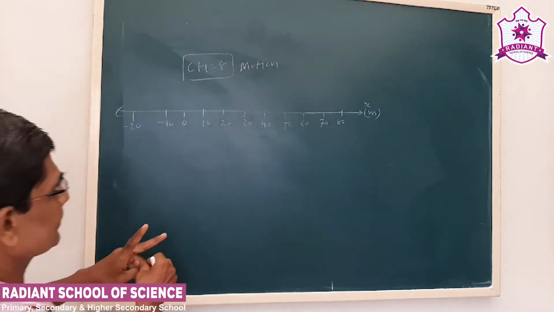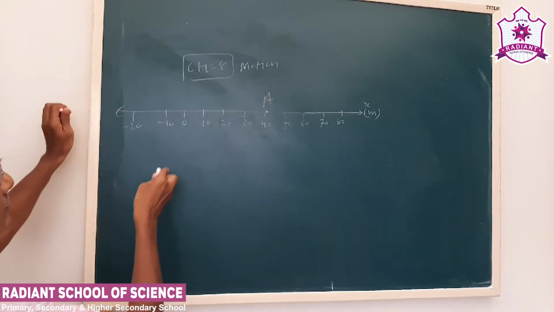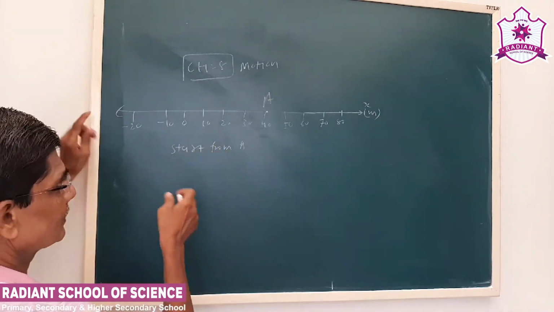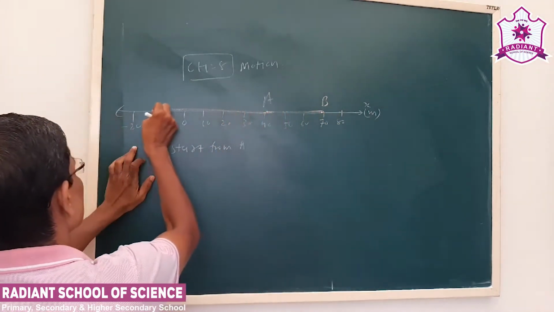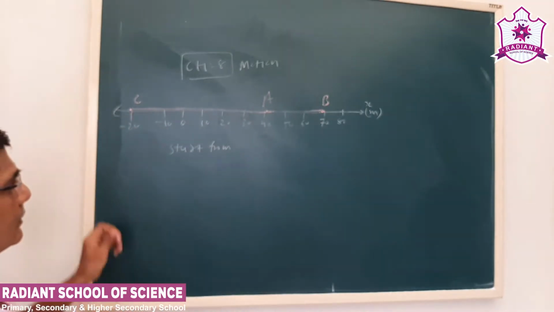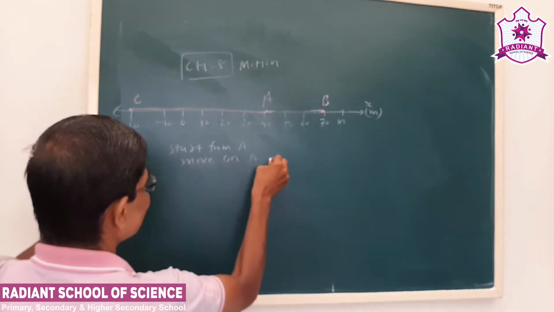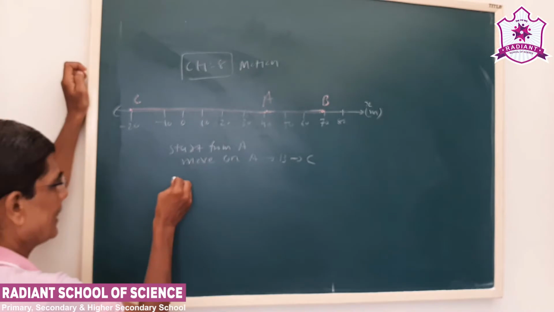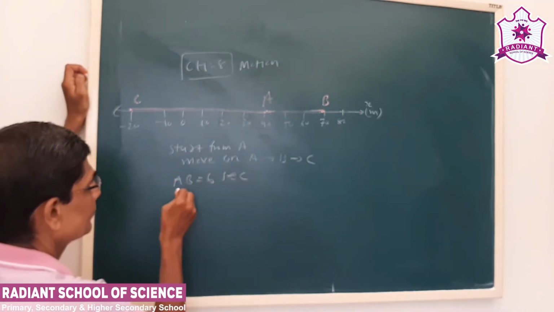Now let us say an object starts from A, moves to B, and finally reaches C. So we move on the ABC path.